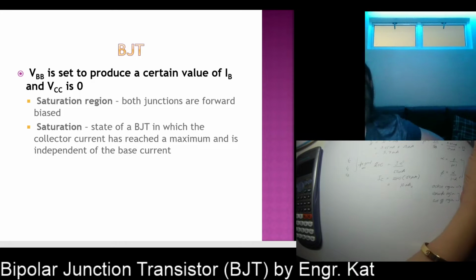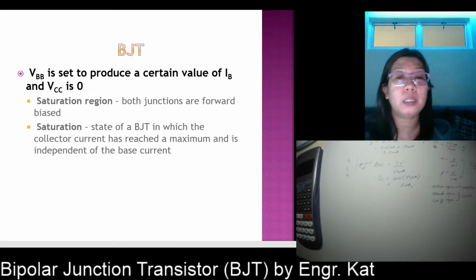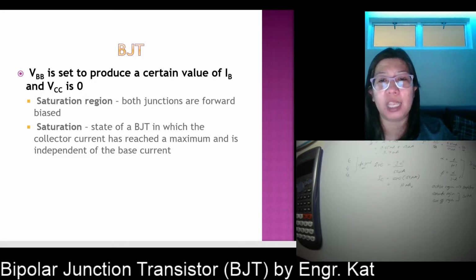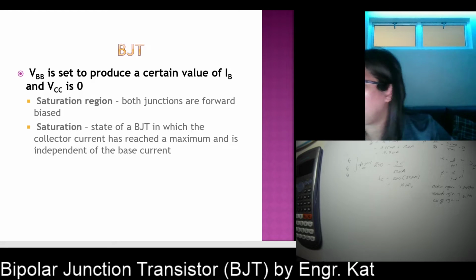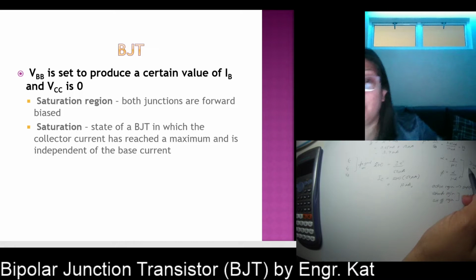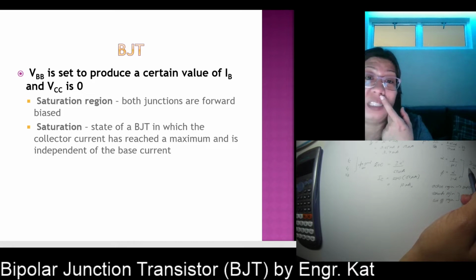So when your IB increases, that's your IC. But when we reach what we call IC saturation, this is a state for a BJT wherein collector current is already at its maximum. So even though we decrease or increase your beta, IC doesn't follow anymore. So that is IC saturation.